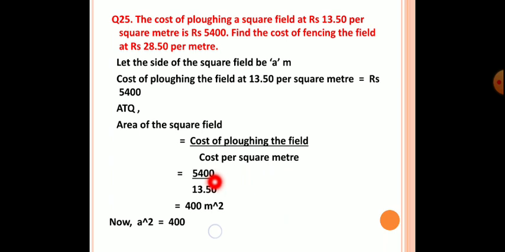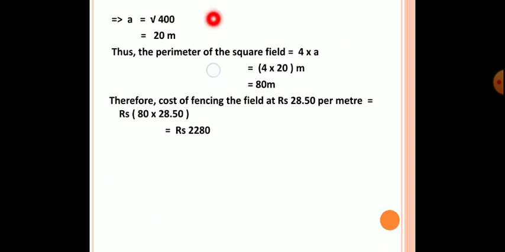That is 5400 divided by 13.50, which is equal to 400 meters square. So we got the area of the square field. So from this, we can also find out the side of the square. Now a square equals 400. Therefore, a equals root over of 400, which is equal to 20 meter.